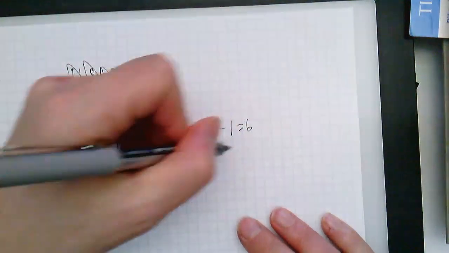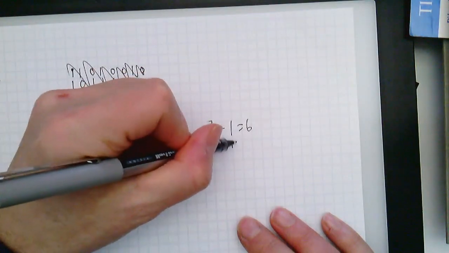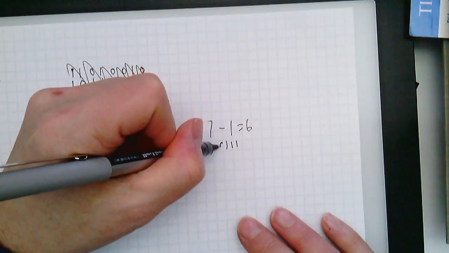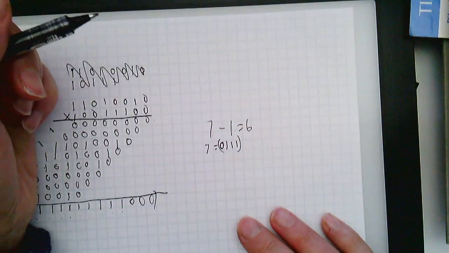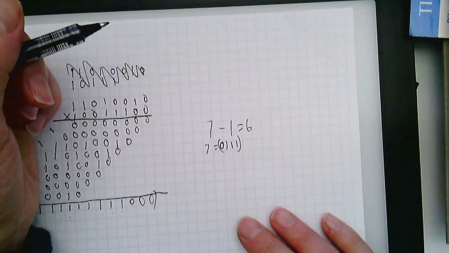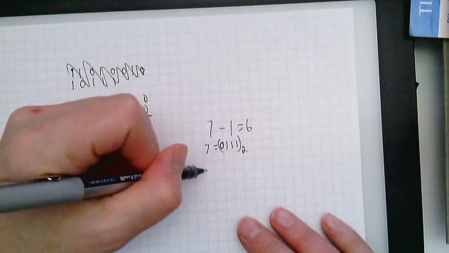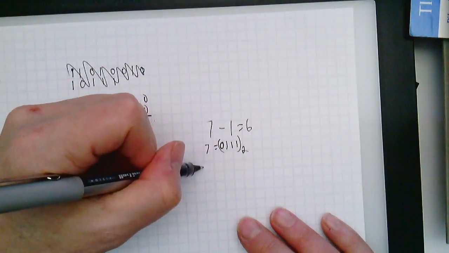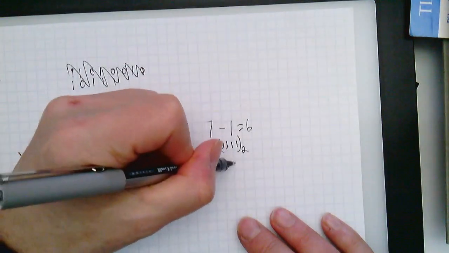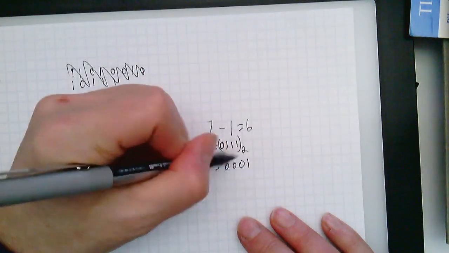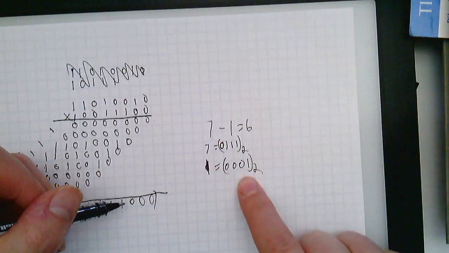Oh, well, let's see. 7 is equal to 1, 1, 1, but I need a leading 0 if it says assume there's only 4 bits available to represent the numbers. Now, let's start with 1, which is 0001 base 2, using 4 bits.